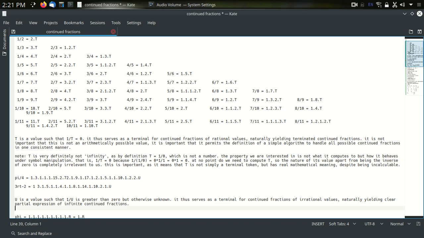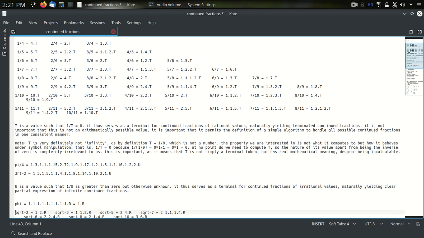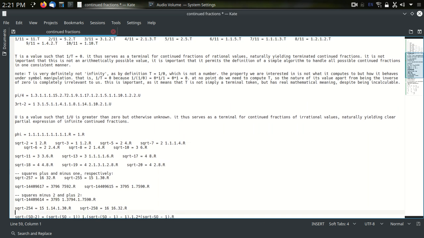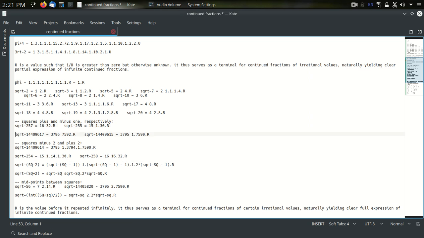But there are other kinds of irrationals that occur very conveniently, such as phi, where the coefficients of its continued fraction are all 1. It's just a sequence of 1s. So we can very nicely abbreviate that as 1 repeating, right?